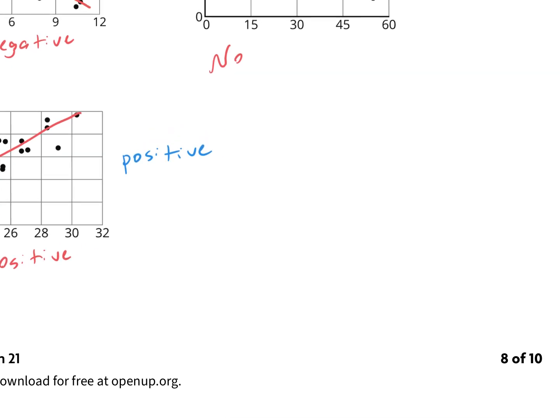The key thing that I want to point out for this lesson is that to determine if data has a linear model, you're looking to see if they follow a trend. Does the data follow a trend?